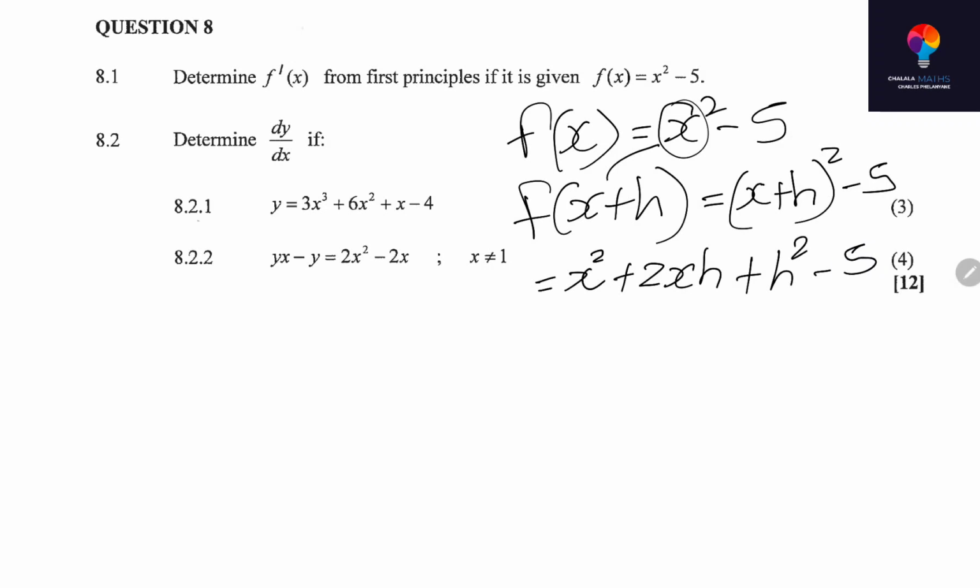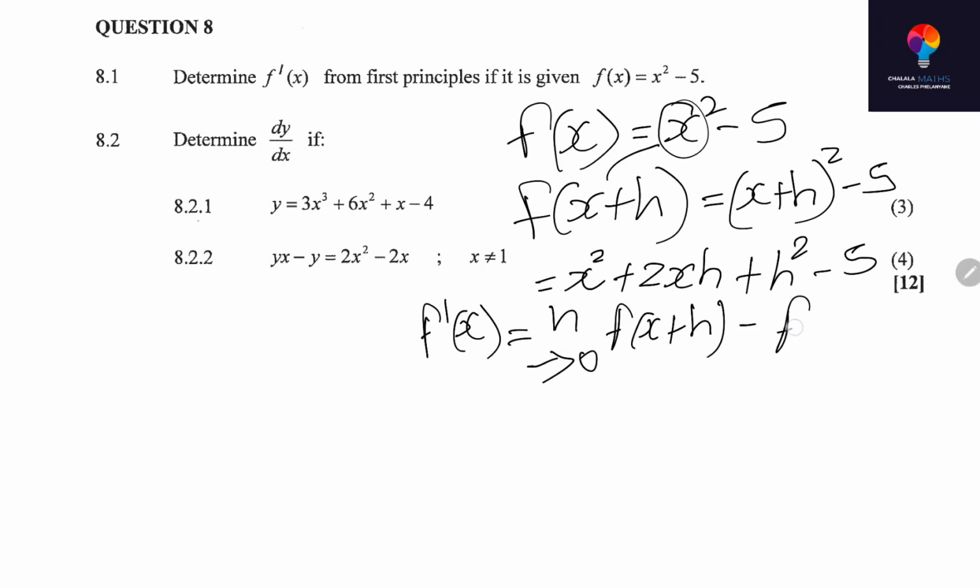So to complete the whole formula, you'll find that f prime x is going to be equal to the limit as h approaches 0 of f of x plus h minus f of x. So we know what f of x plus h is.